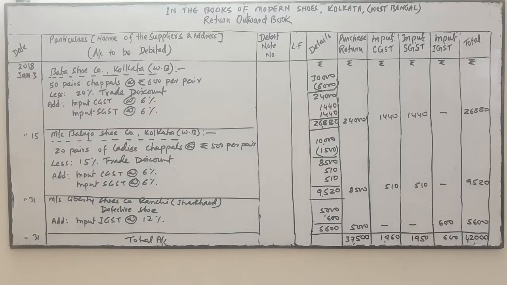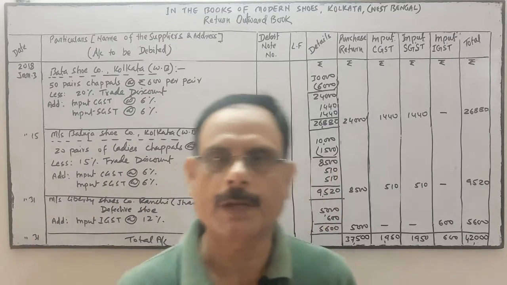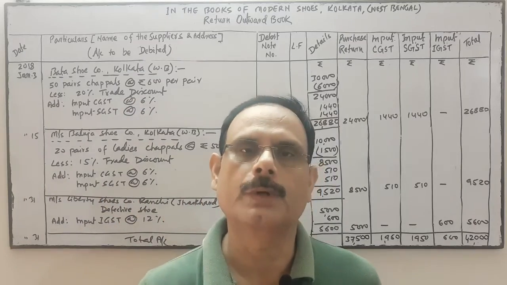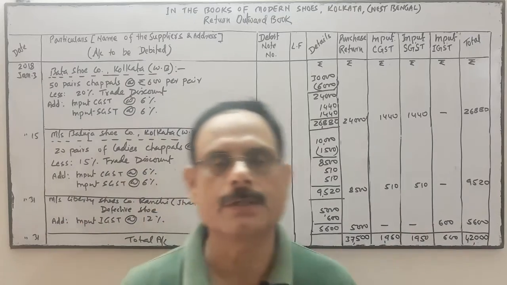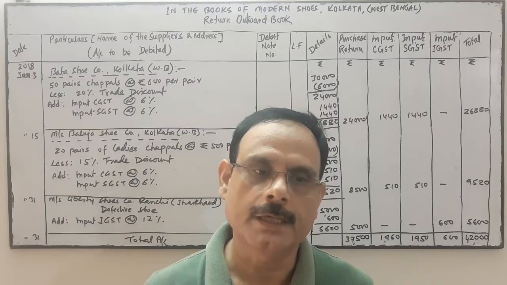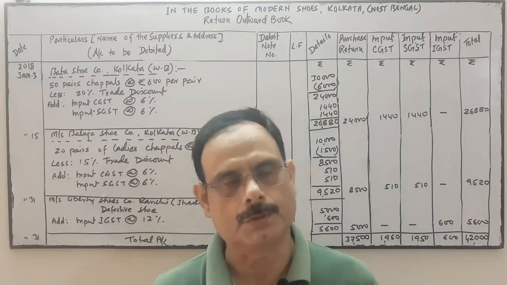So both books are operated by us. You may get in the question only the sales book, only purchase book, only purchase return or sales return, but you may also get questions where various books are there and you have to open the various books.